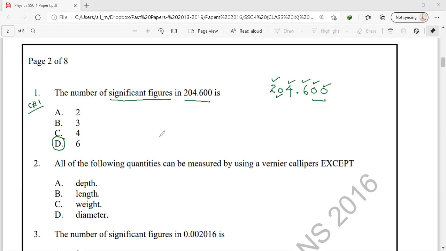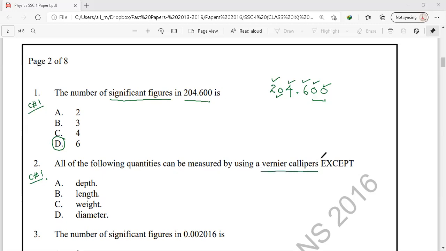this measurement. Next, we have question number 2, that is also from our chapter number 1, physical quantities and measurement, in which we have to tell that all the following quantities can be measured by using vernier caliper, except one.